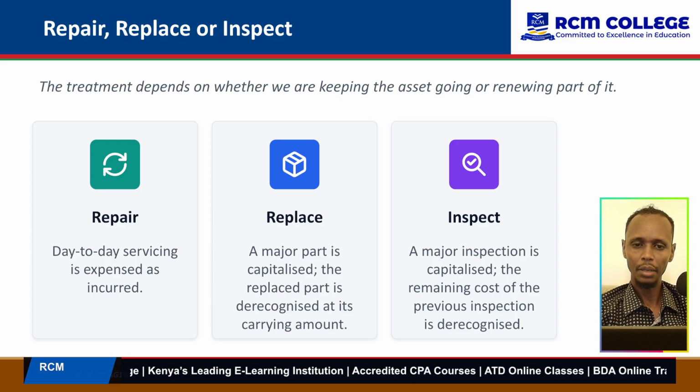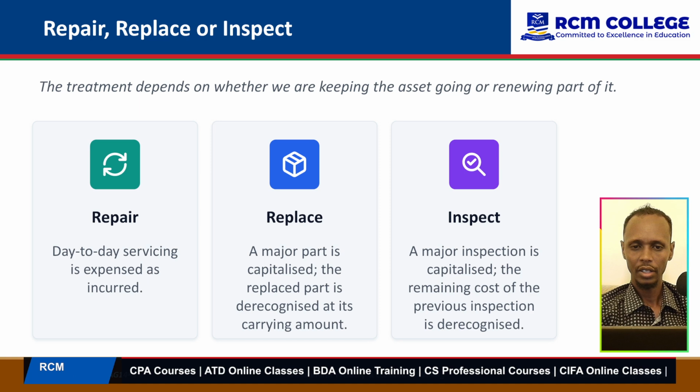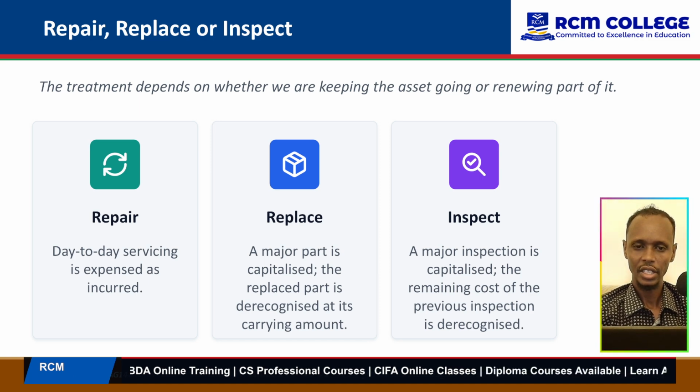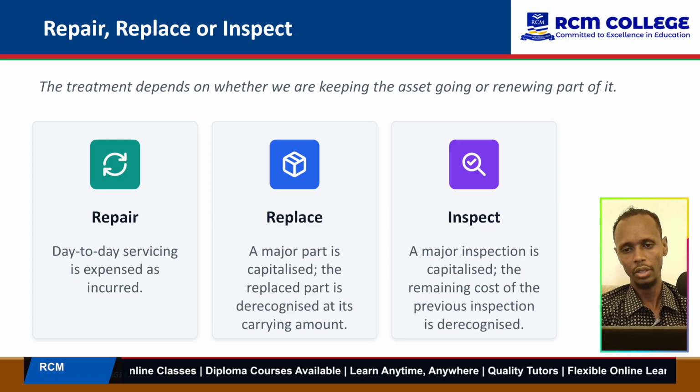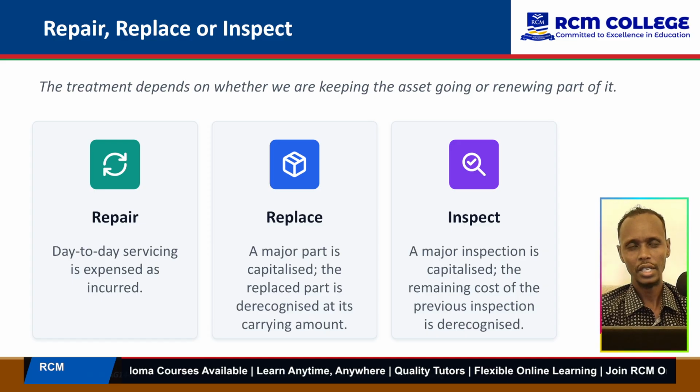Replacing a major part is capitalized. For example, you had a motor vehicle, the engine knocked, and then you bought a new engine. So you derecognize the previous engine and recognize the new engine. Then there is inspection. A major inspection is capitalized.